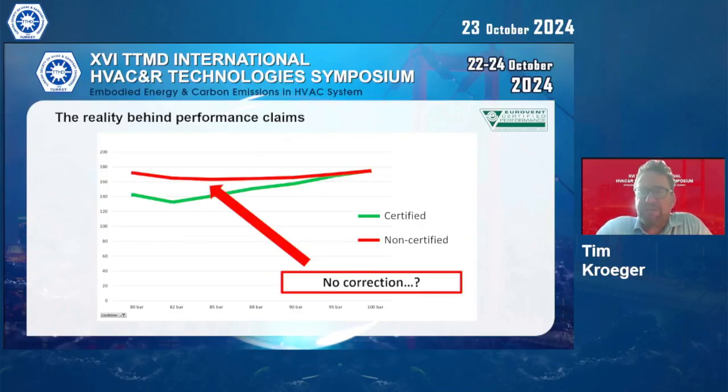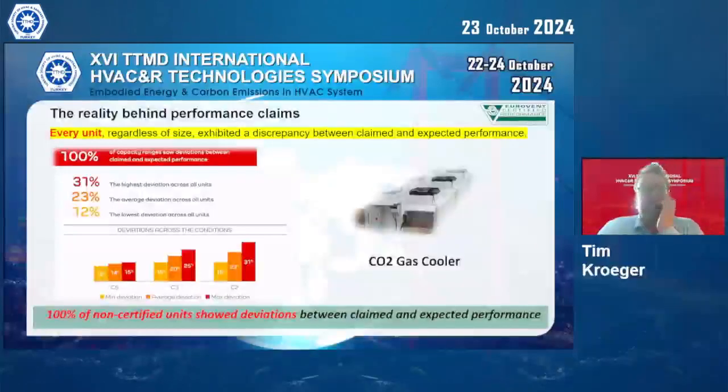And we thought this is very odd. So what we've done, we've analyzed 48 different non-certified products. And when we used published data to determine capacities at conditions different from the standard conditions, we found deviations in 100% of analyzed products.